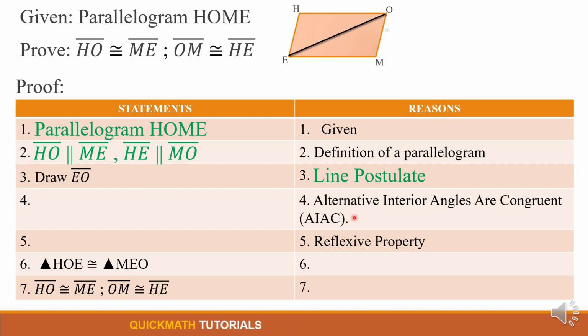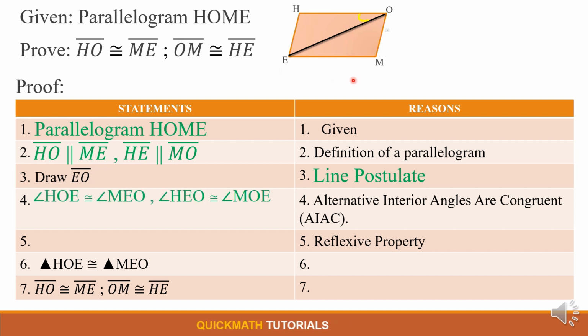For number 4, we have the alternate interior angles are congruent, or in symbol, AIAC. So here in our illustration, the alternate interior angles are angle HOE and angle MEO.